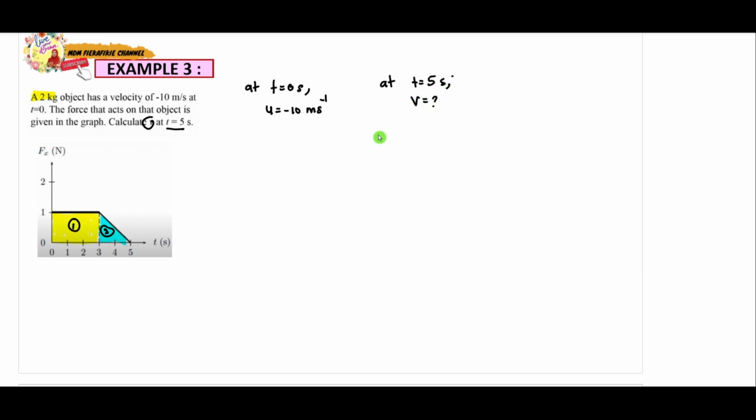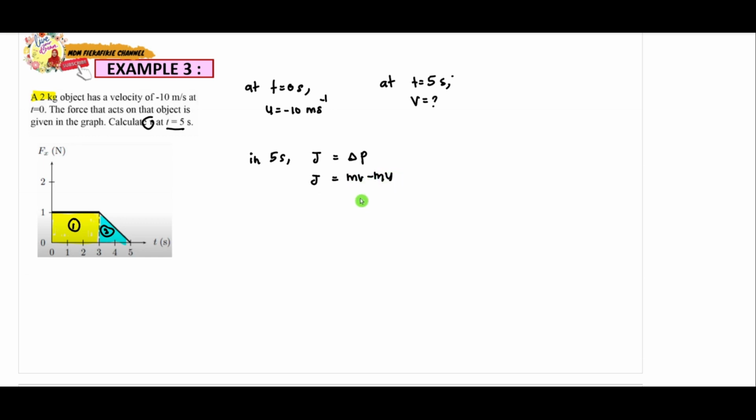Okay, so we need to write first the relationship between impulse and the change of momentum. Since we want to find v, we need the change of momentum. Since we have the graph, we need to find the impulse. Okay, so now in 5 seconds, the impulse of the object should be equal to delta P. So we can write that J is equal to mv minus mu.